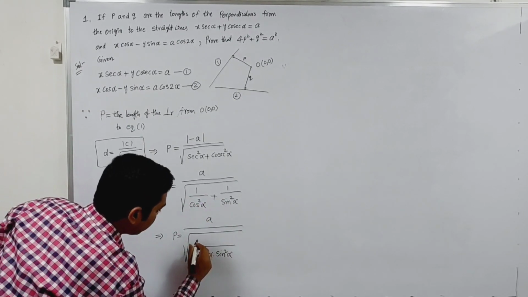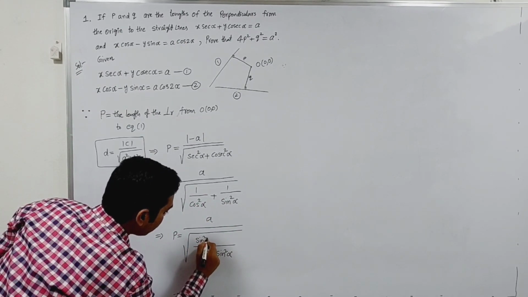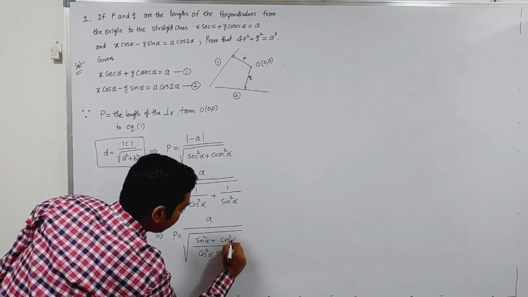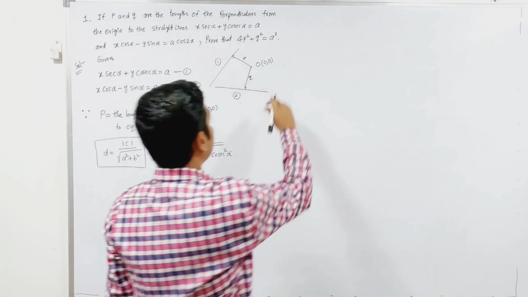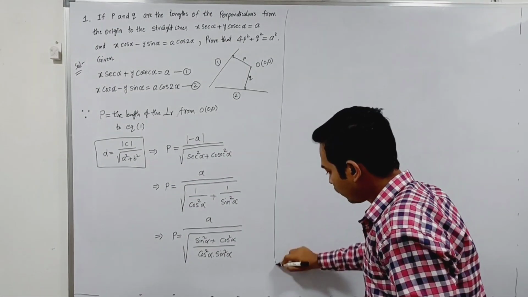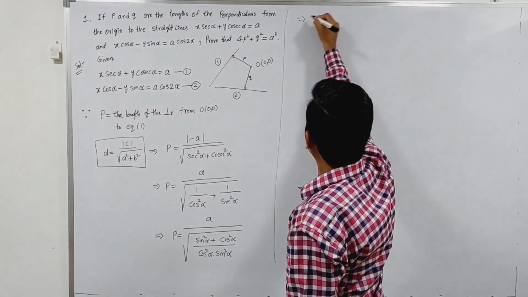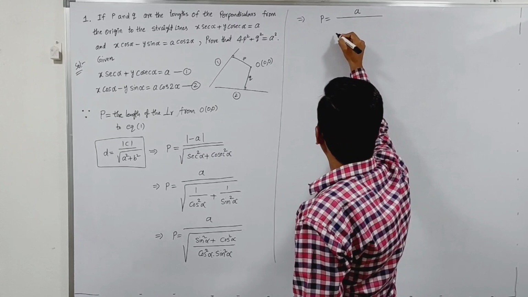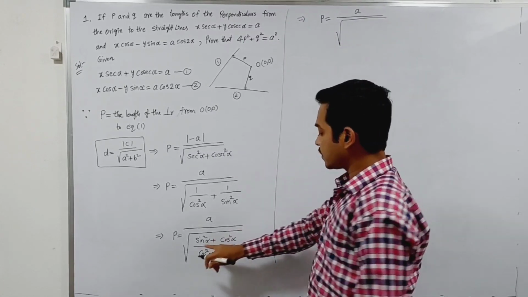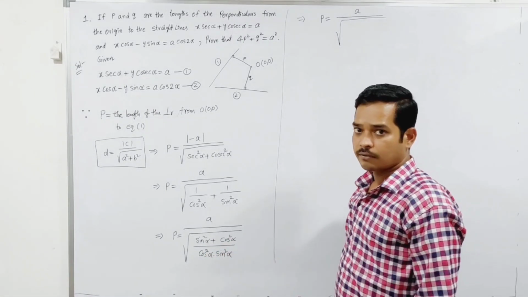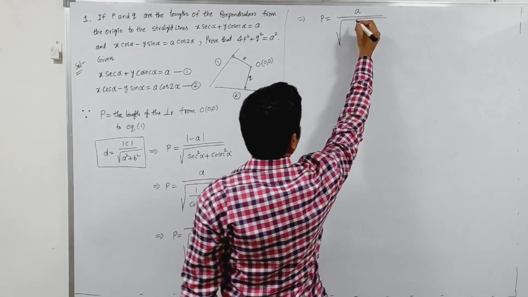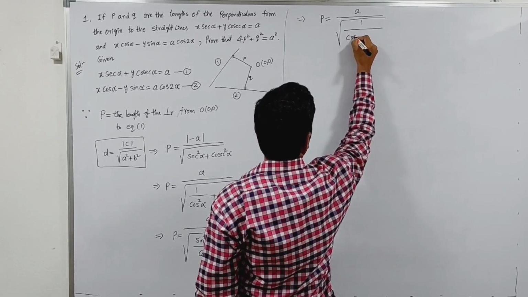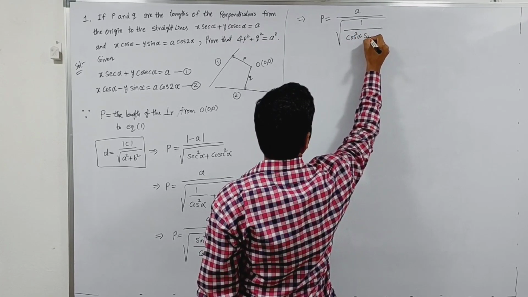Now cross multiplication: 1 into sin square alpha plus 1 into cos square alpha over cos square alpha sin square alpha. So P equals a by under root of sin square alpha plus cos square alpha, a standard identity: sin square theta plus cos square theta is equal to 1, with the remaining terms cos square alpha into sin square alpha.